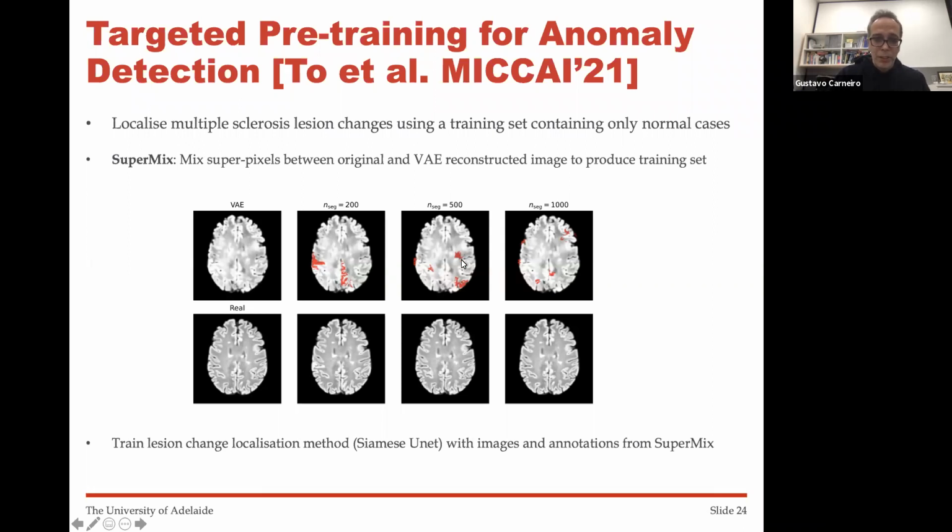So for example, if you see this big red thing here on the normal image, you'll see that the real image didn't have this region, and then it showed up with a region here that comes from this VAE. And we call this data augmentation SuperMix.